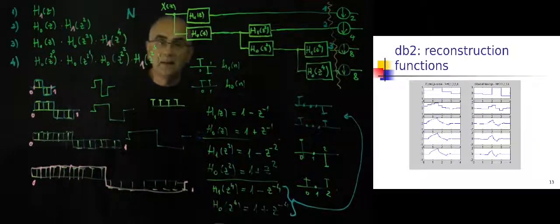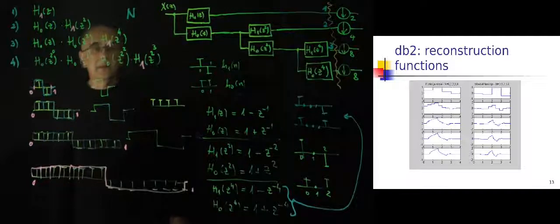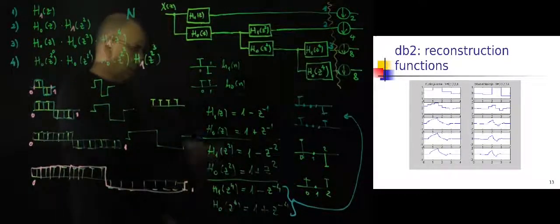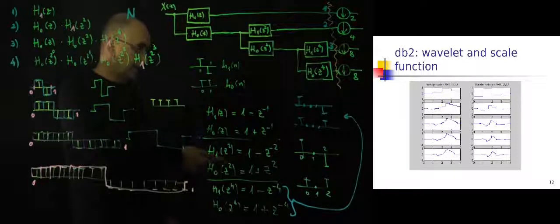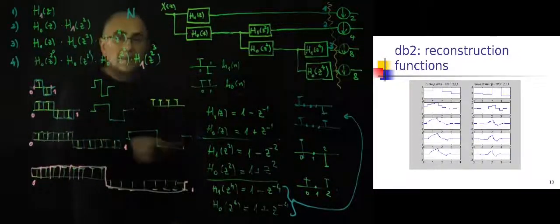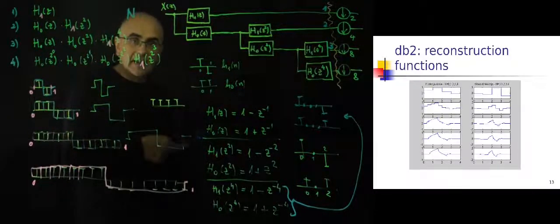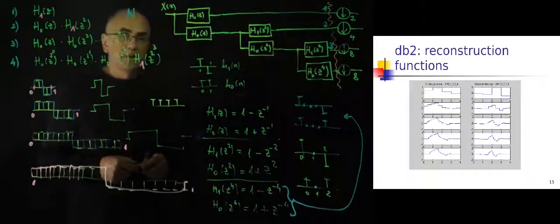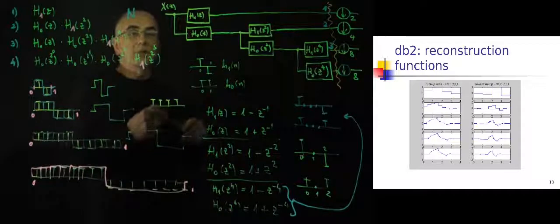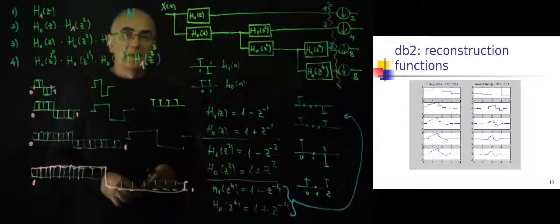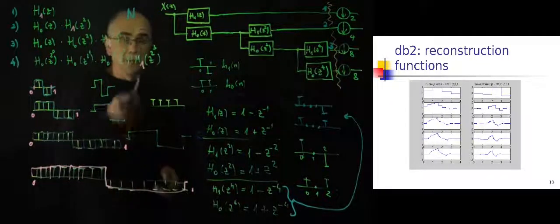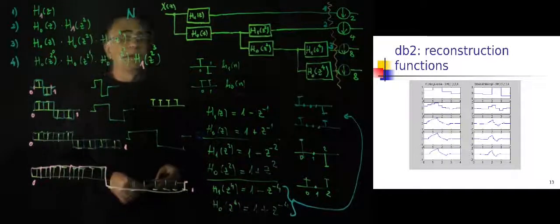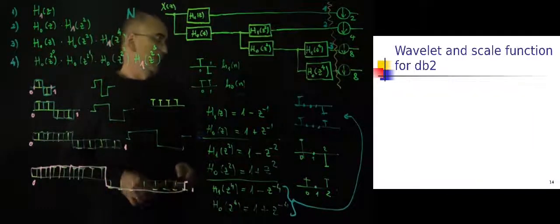You can easily see that in this particular case the functions are mirrored. So the analysis functions are kind of mirrored reconstruction functions, and you will learn soon that we are talking about an orthogonal filter bank.